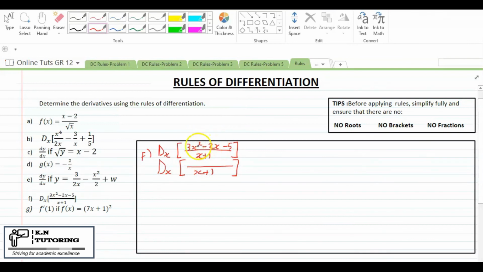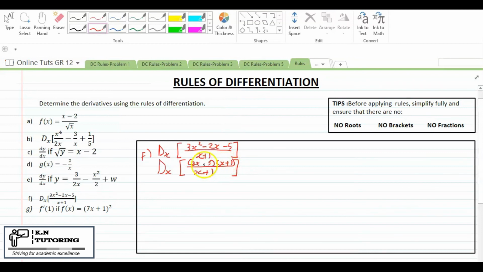Here you will realize that you can factorize the numerator. So you open two brackets, and this will be 3x and x there. The x + 1 will guide you that one of the terms there must be x + 1. As you know, the factors of 5 are 1 and 5, so the 5 must go there. The bigger number takes the sign of the middle term.